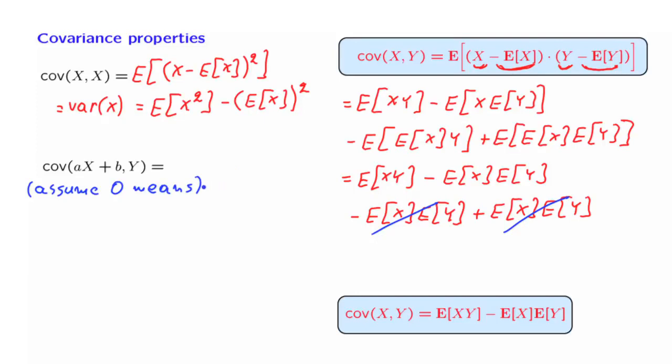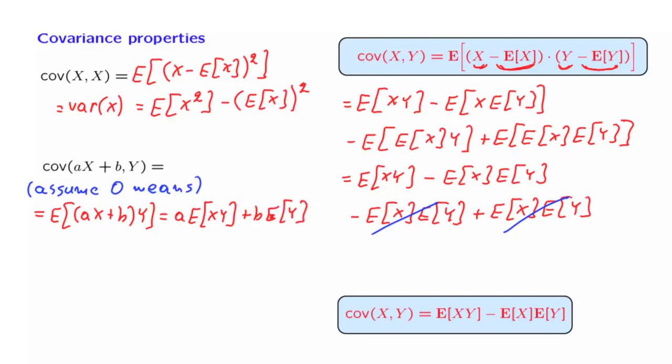So in the case of zero means, the covariance of two random variables is just the same as the expected value of the product of the two random variables. And using linearity, this is the expected value of a times x times y plus b times the expected value of y.